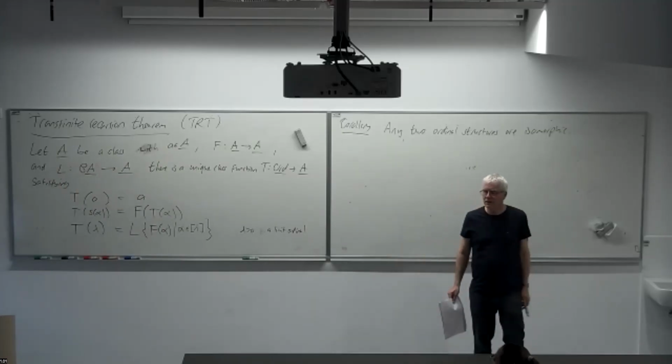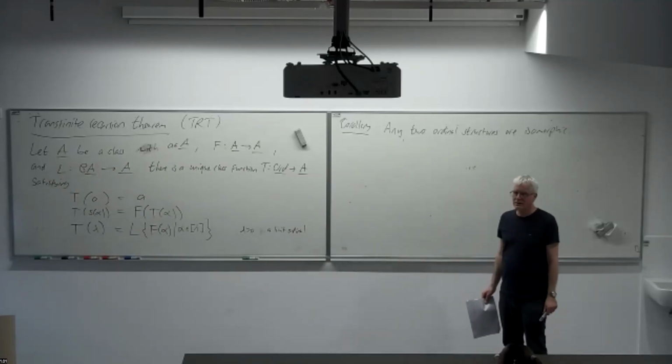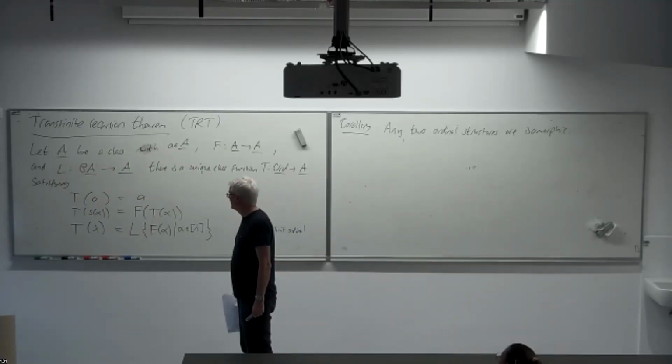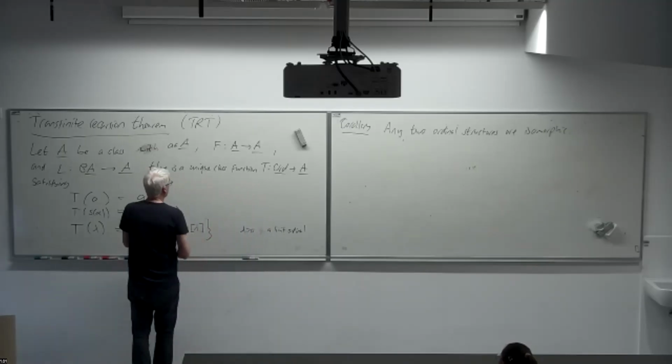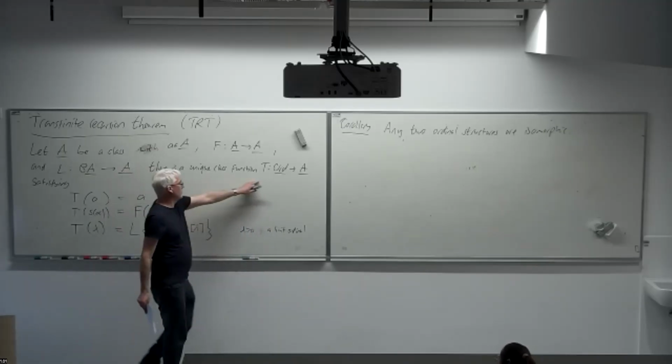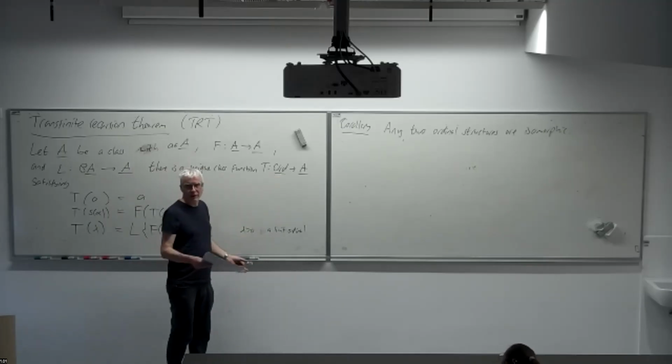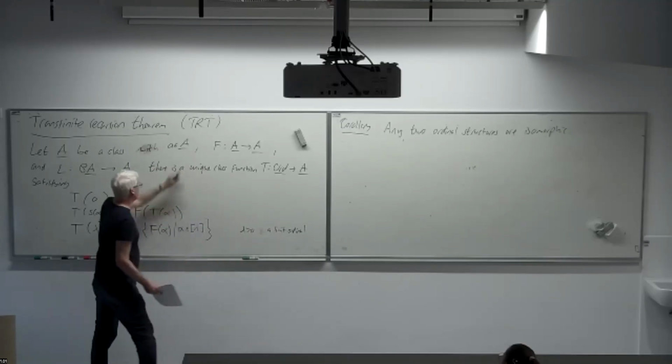Excuse me, just one detail. So we have our initial ordinal structure, or we're assuming we've got some other ordinal structure, which I'm calling A here.